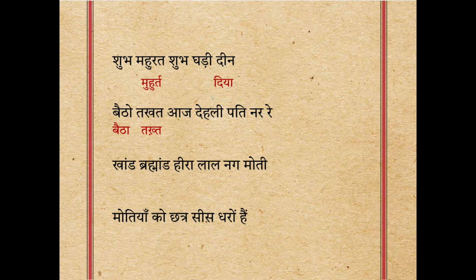Aj today means today. Delhi is simply an alternate pronunciation of the name for the city, Delhi. And you should note that Delhi is roughly the same pronunciation and spelling as one finds for the name of the city in the Perso-Arabic script. The word pati here does not mean husband, but rather means lord or master.